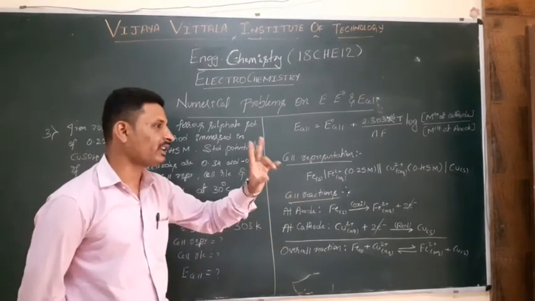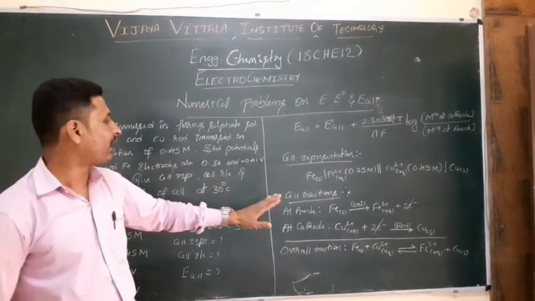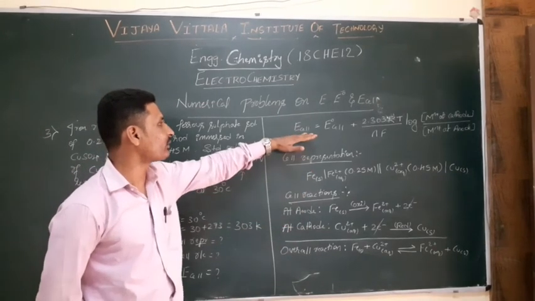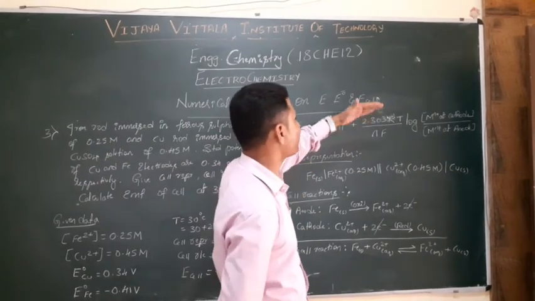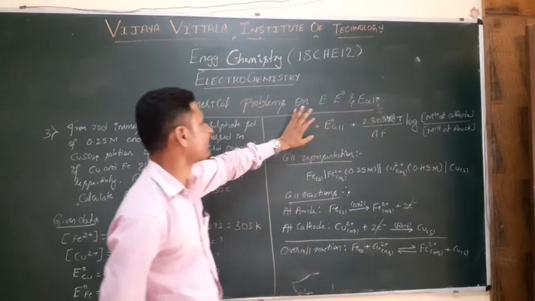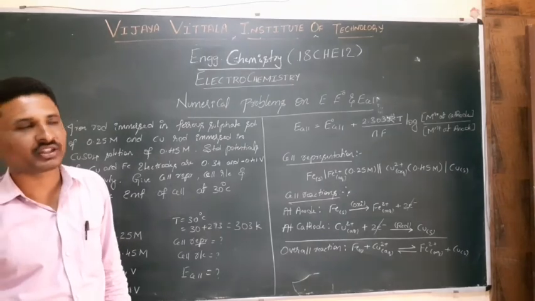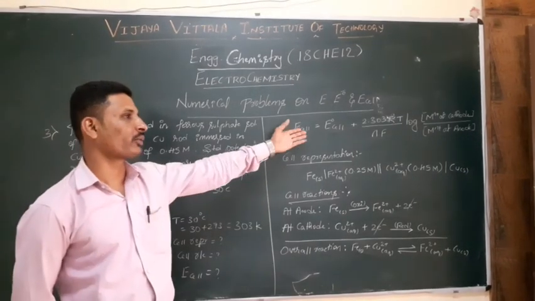This cell reaction carries 2 marks, and 2 plus 1 is 3. The remaining 2 marks are for substituting the values and determining the E cell, the cell potential or cell voltage.